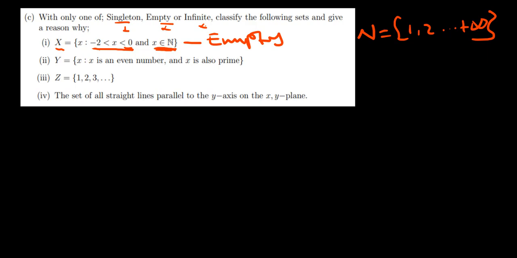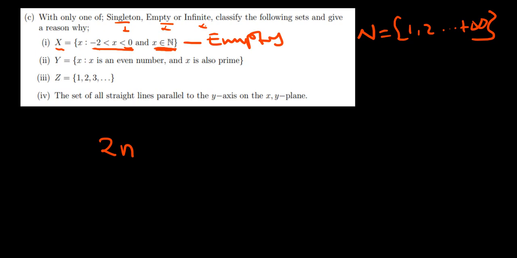And then number 2 there, they are saying Y is a set of all x's such that x is an even number and x is also prime. We know that an even number should be in the form of 2n. So 2, 4, 6, 8, 10, 12, those are even numbers.